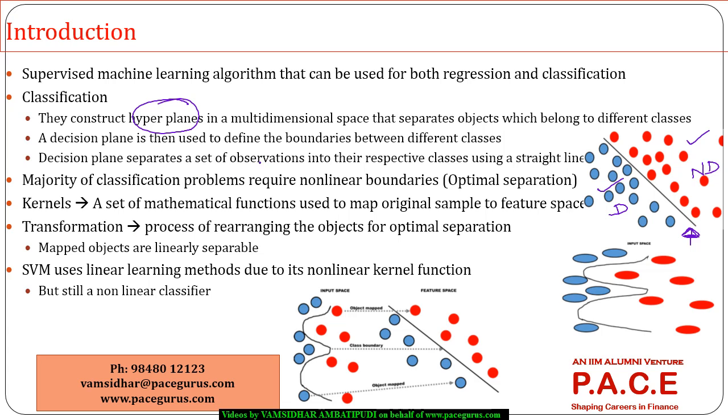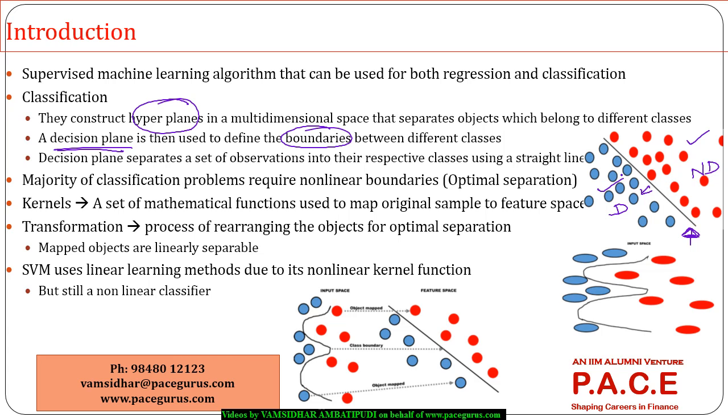Once that hyperplane is created, we are looking at a decision plane. Whatever equation is associated with it is used to define the boundaries. We create an equation out of this plane, and values which are lesser than that will fall into the default category, while values which are higher than that will fall into the non-default category.